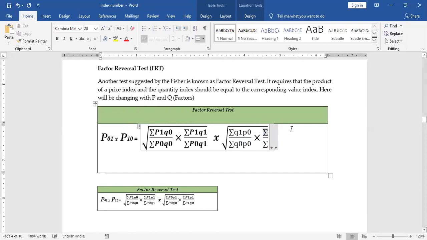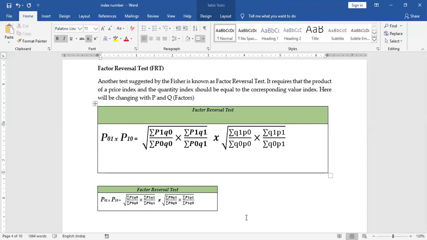I'll be putting Q1 P1. Here P0 Q1, so here I'll be putting Q0 P1.